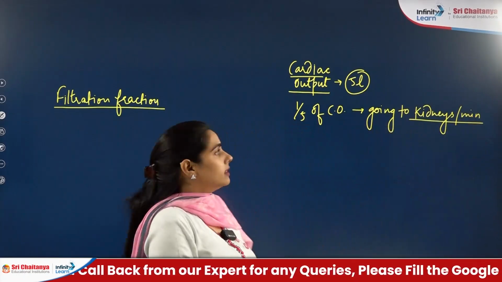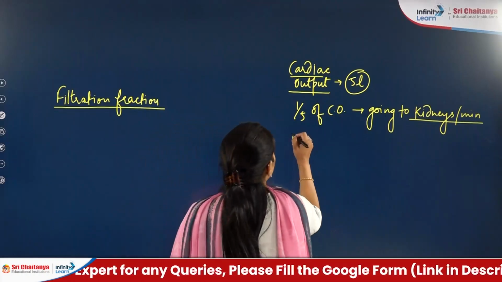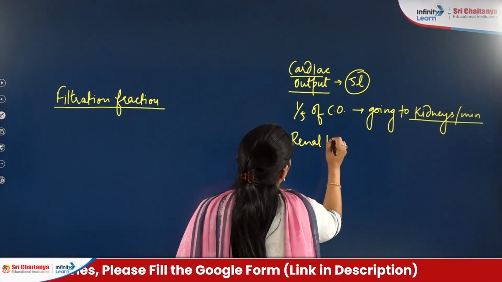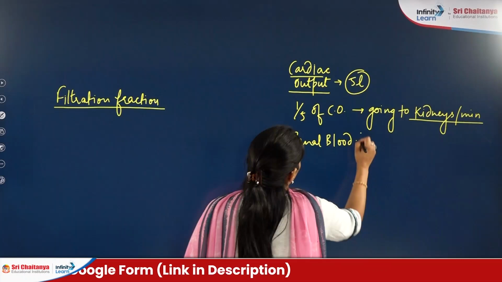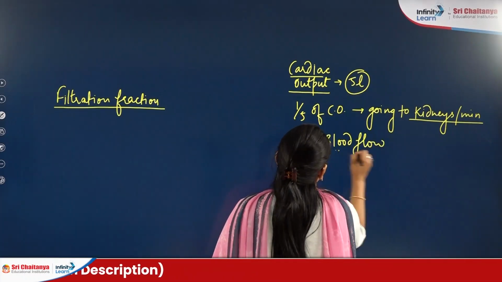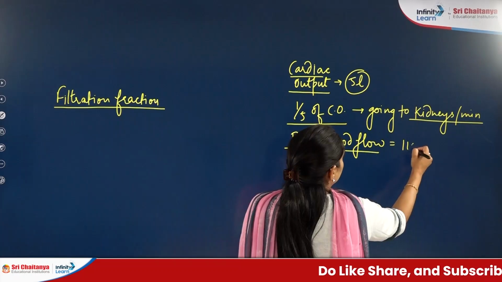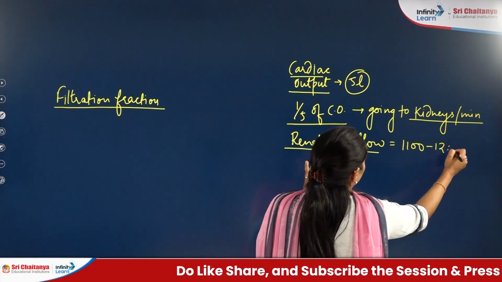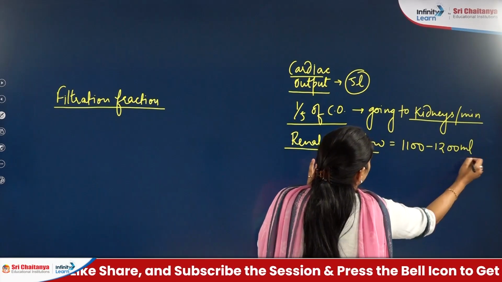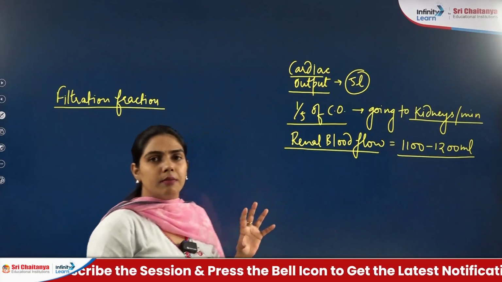Right, everyone? This is known as renal blood flow. What is renal blood flow? Renal blood flow is 1/5 of cardiac output. That means we can find out 1100 to 1200 ml. Somewhere it is 1100 to 1200 ml.